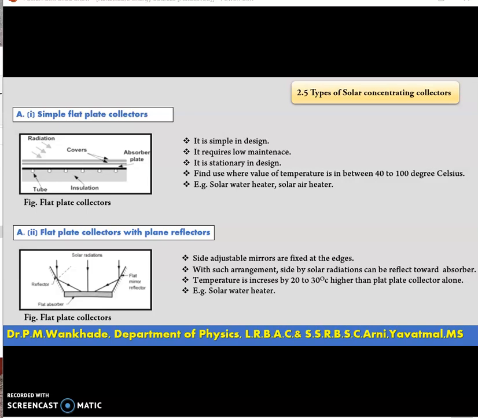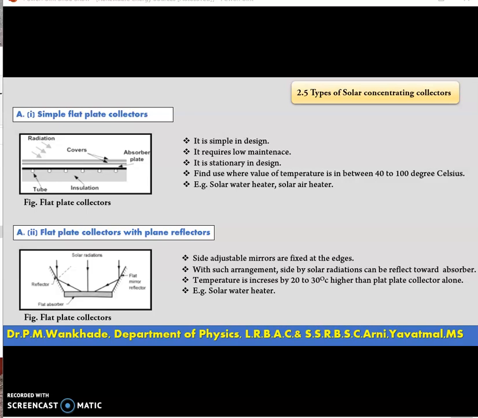Generally, water is used as the liquid. The complete unit is fixed in an inclined position so that it faces the solar radiation. In a solar water heater, water circulates through the tubes. In a solar air heater, air circulates through the tubes. This type of collector is used for solar water heater and solar air heater applications.